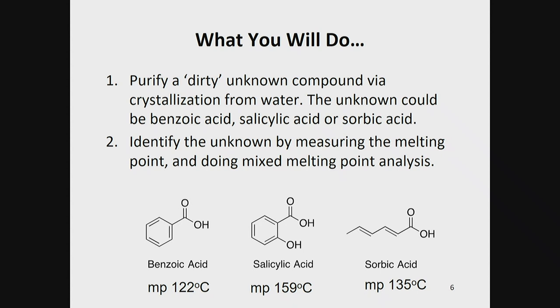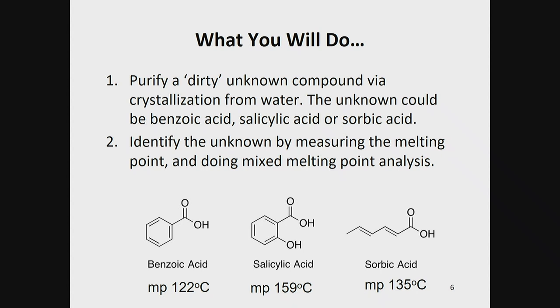I'll give you a second to think about that, but if you notice, salicylic acid has an additional hydroxy group on it, which means more hydrogen bonding can go on. So it's going to need more energy to break up those intermolecular forces of hydrogen bonding to make the salicylic acid melt. It's really good for you to keep drawing parallels among all the labs that you're doing. Go back and think about the lab that you just did and how it can continue to correspond to other experiments you'll do in the future.